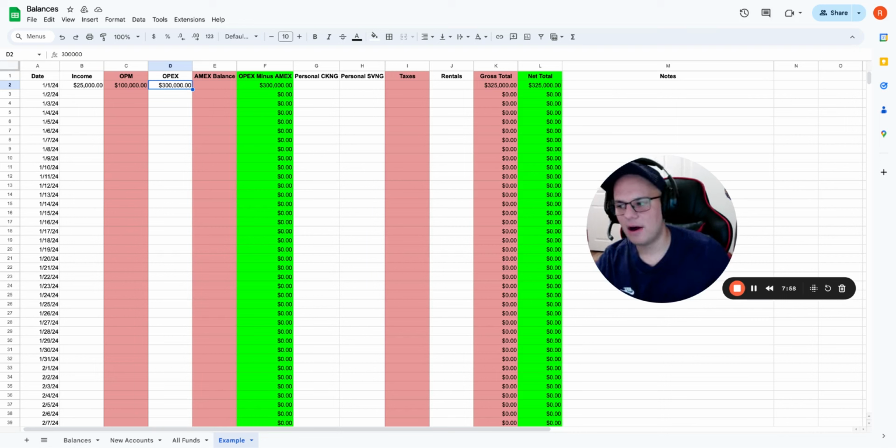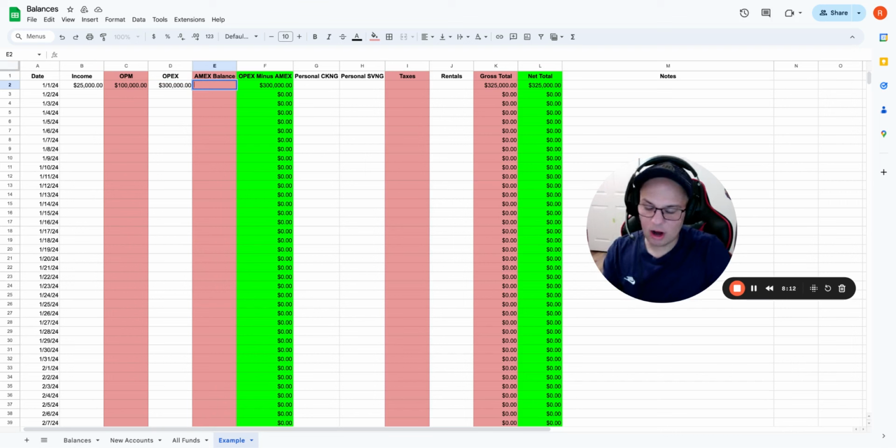Now, me personally, I don't like to pay with a debit card because with credit cards, I can get points, I can get cash back, I can get travel benefits, stuff like that. So what I do, and I use American Express, is I also track how much of a balance I have on my credit card. So, let's say this month I spent 40 grand on my credit card.